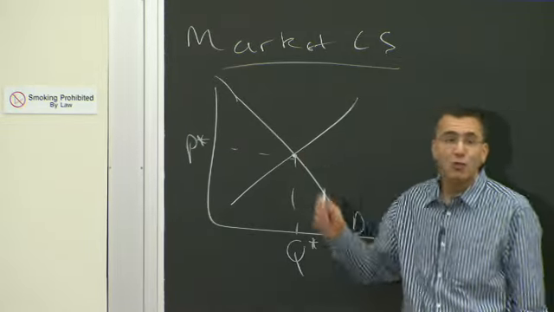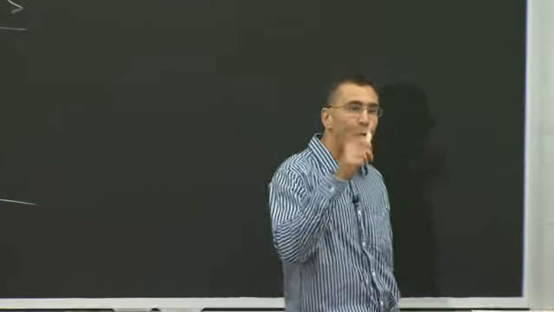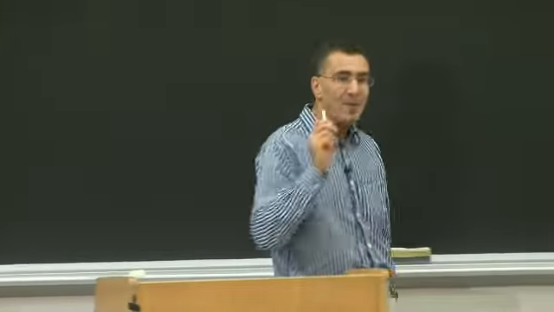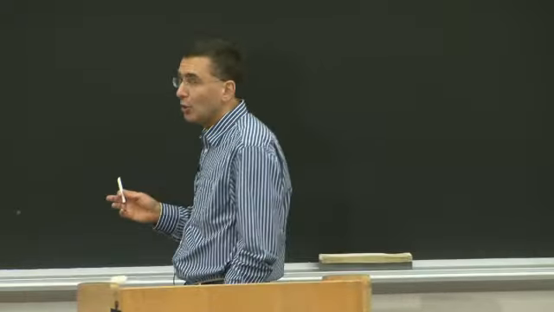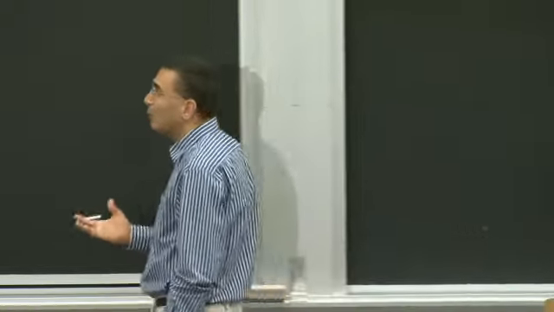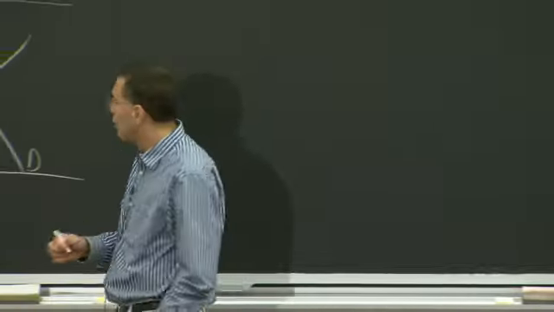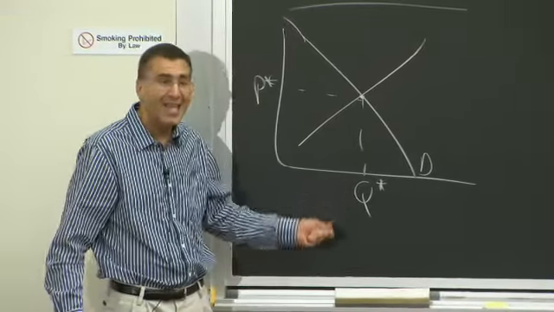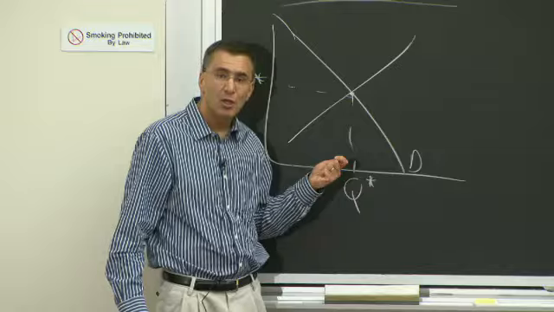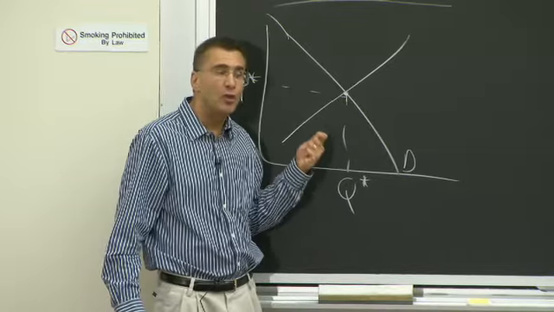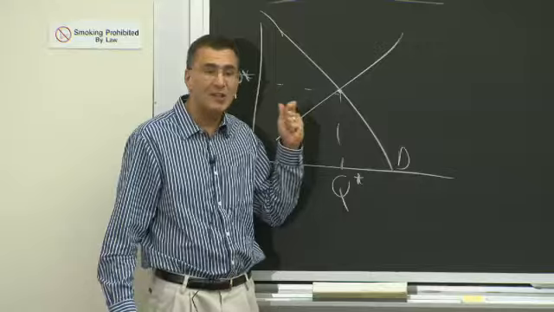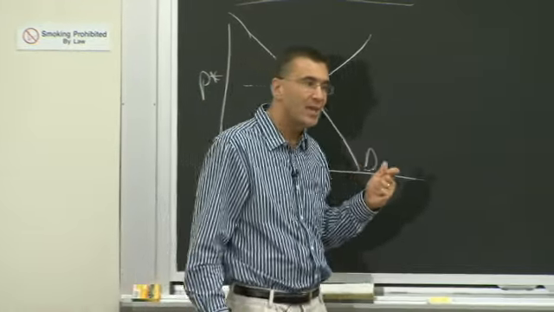The price represents the willingness to pay of the marginal consumer, the consumer who is exactly indifferent between consuming and not consuming the good. So this person Q star in our example is the person who's indifferent, who derives 0 consumer surplus, since their willingness to pay equals the price.